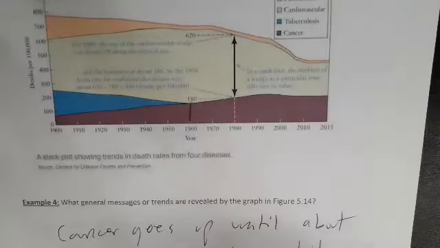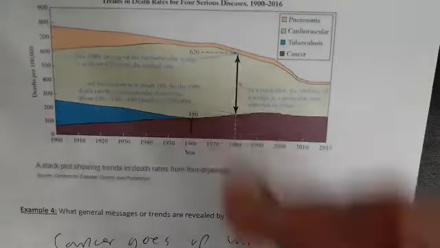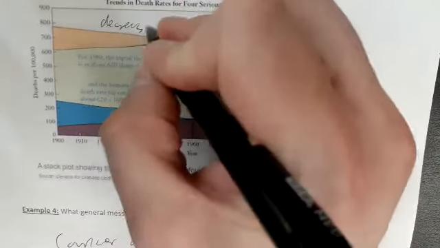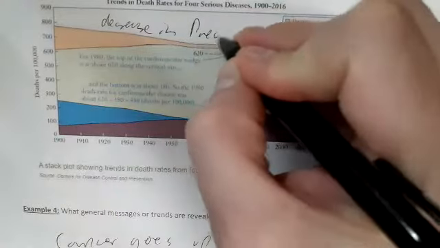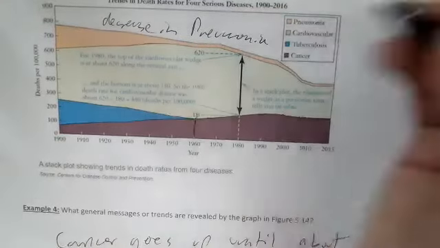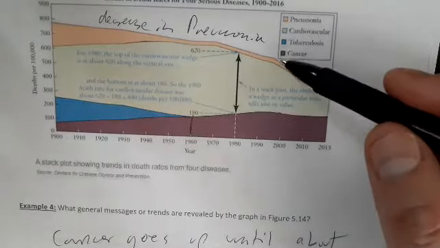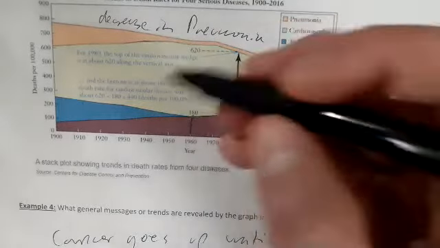What's happening over in pneumonia land? So this is definitely a decrease in pneumonia, until about where? 1950s?